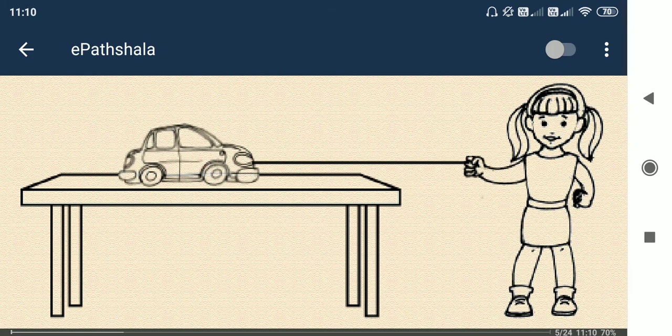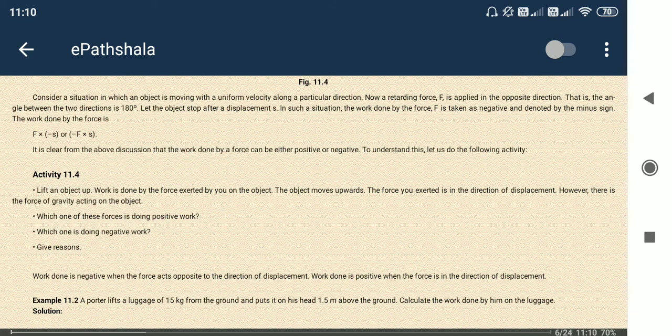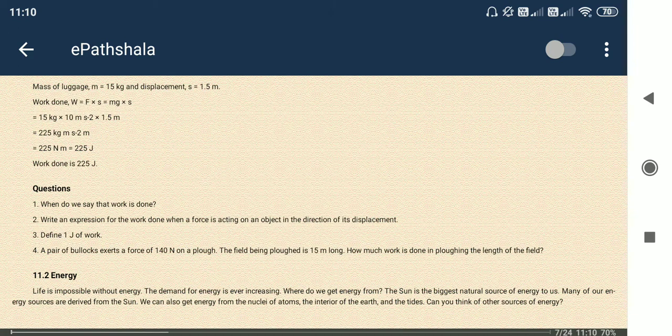So here you can see the work done is equal to F into S, meaning applied force into displacement. Suppose we apply a 10 newton force on an object and the displacement is 5 meter, so the work done will be 10 into 5, that is 50, okay?